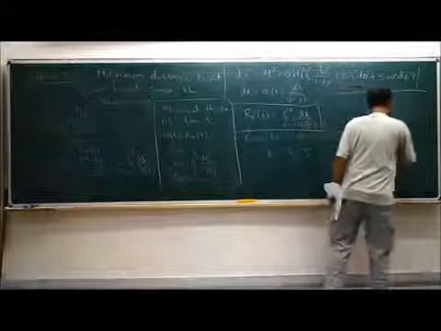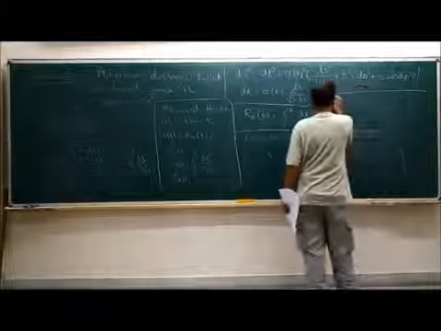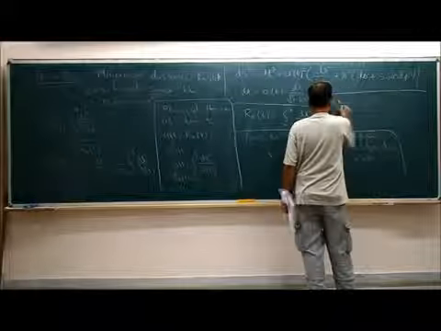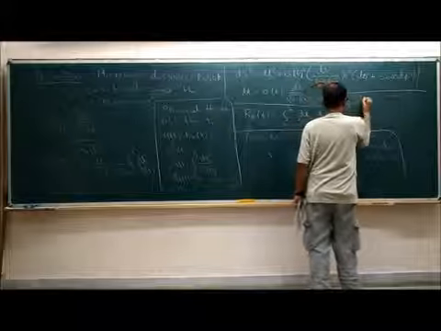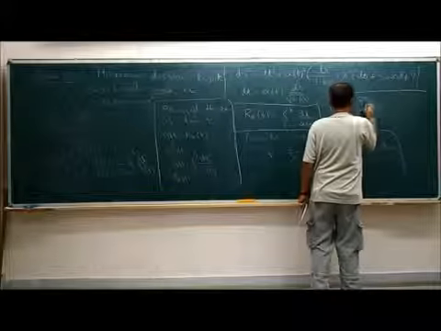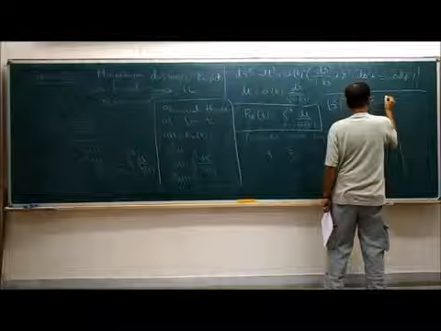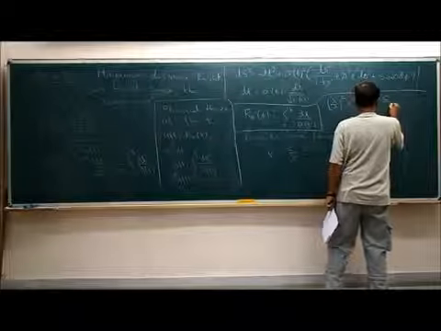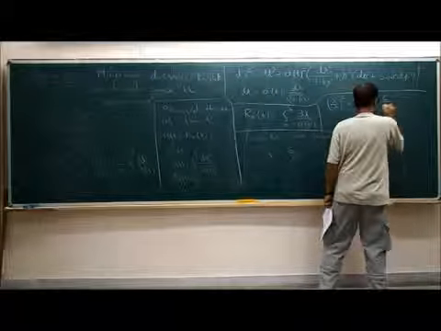So let me write the equation for lambda. Lambda dot over lambda squared is 8 pi G over 3 rho, and rho is c over lambda to the alpha, as we are taking.